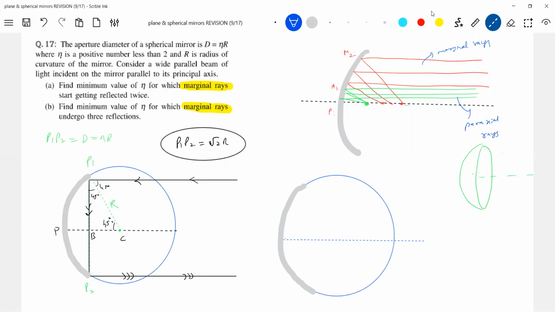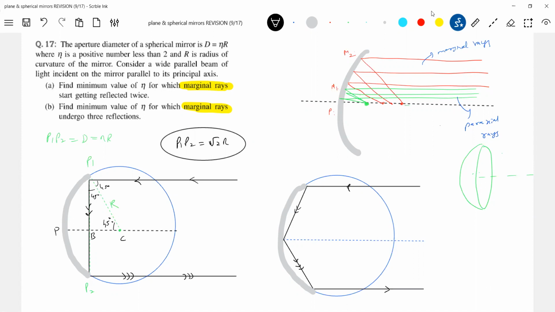Three reflections means there's a ray: one reflection, two, three, 4.